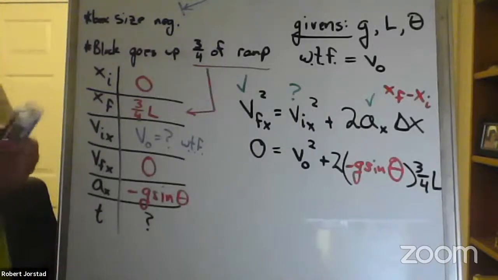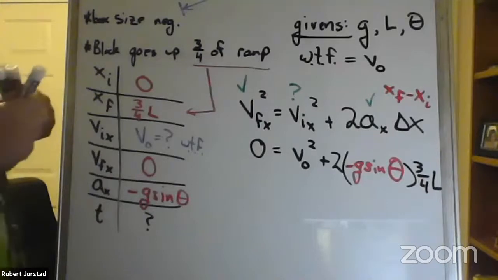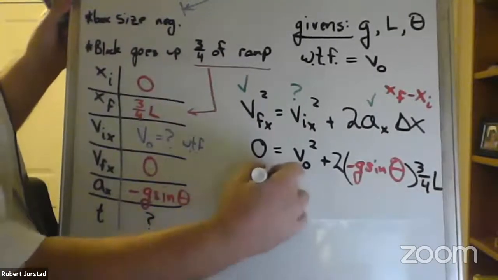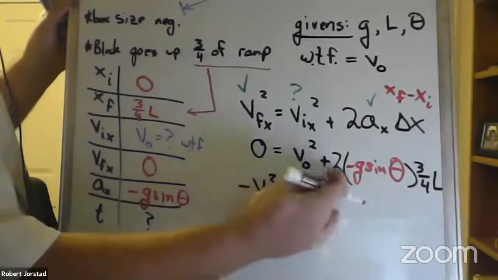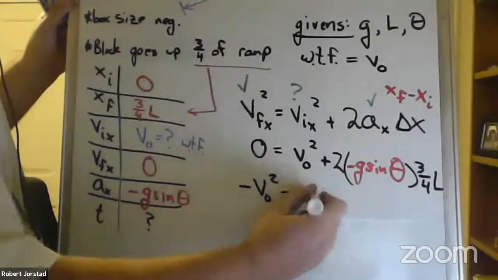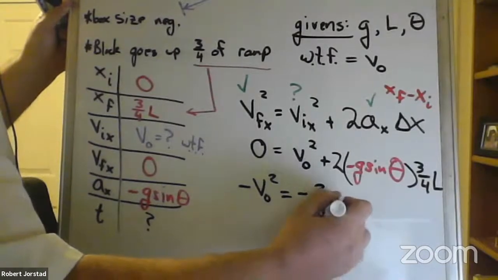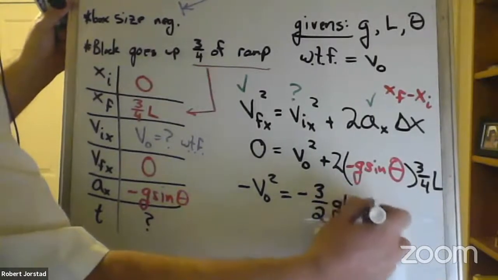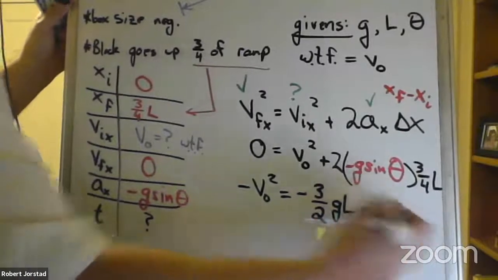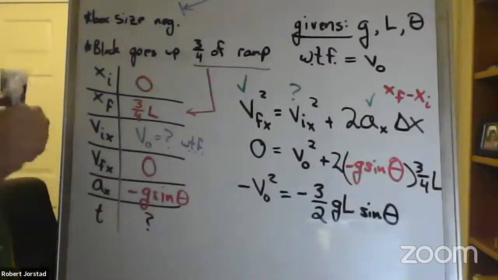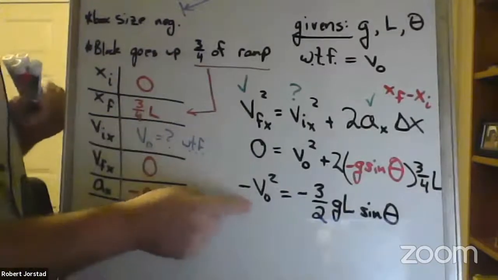All right. Now, check this out. I'm going to subtract this over to the other side. I'm going to simplify that, and I think you get minus v naught squared, like that. Now, before we go too far along, I want to talk about this.